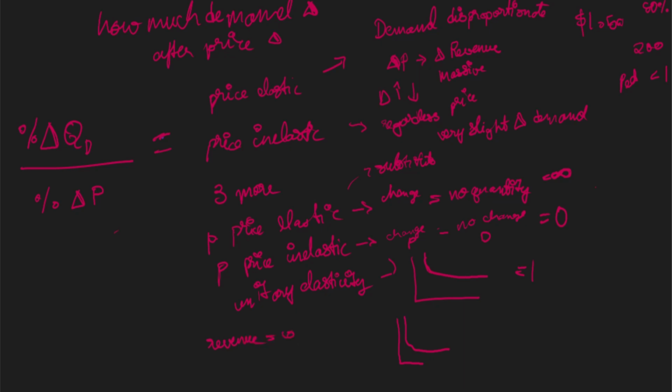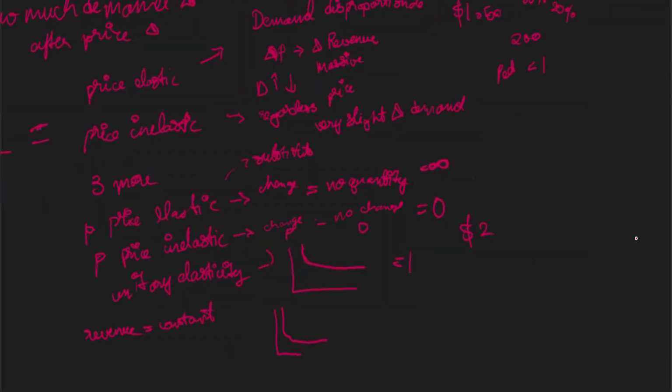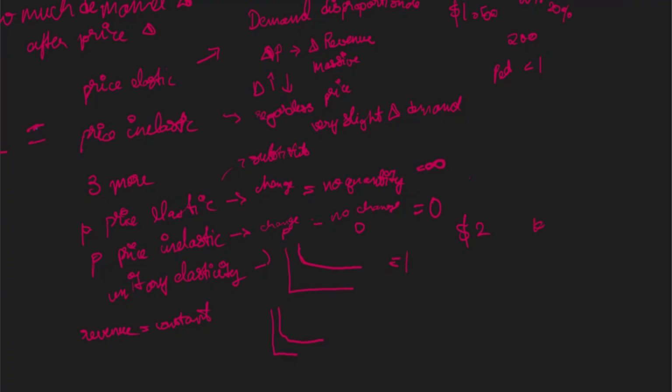Revenue is constant. So if you were charging $2 for something and you had 100 customers, and if you increase the price to $4, you'd only have 50 customers. $1 would give you 200. And so your total revenue is always going to be equal.